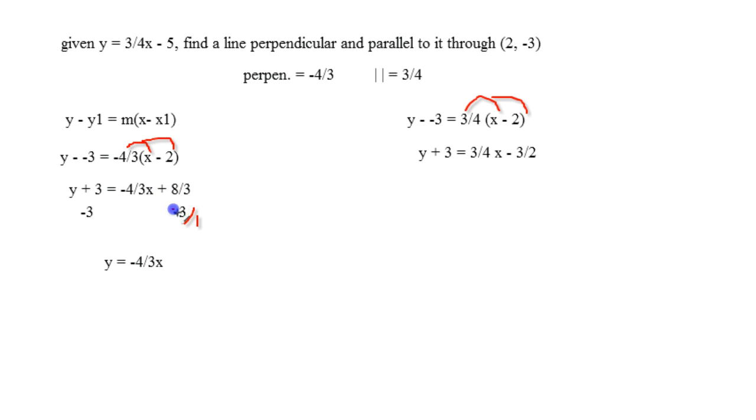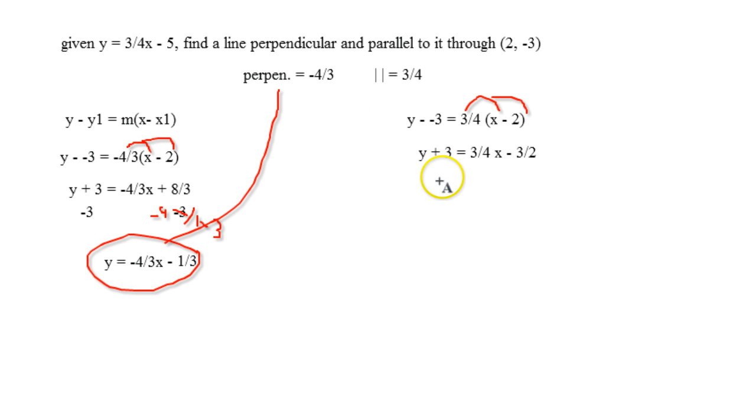And then this becomes negative 9/3. So 8 minus 9 is negative 1. So this becomes minus 1/3. So that's the perpendicular line. So that's one way of doing that.